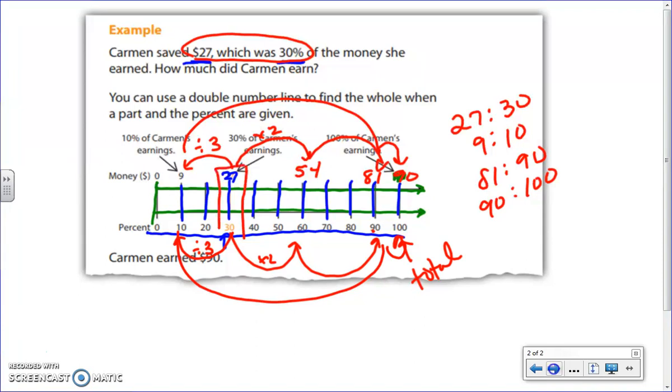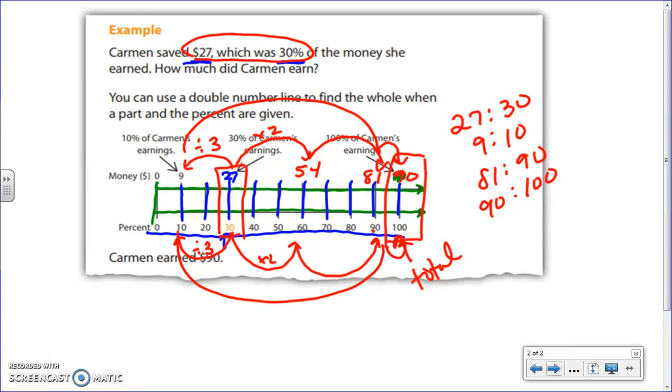Start with this value here, and you can label using your imagination with addition or multiplication or division. You can figure out every single percent of the total if you would like to. In this case, we really want to find the total, which is represented by 100%.